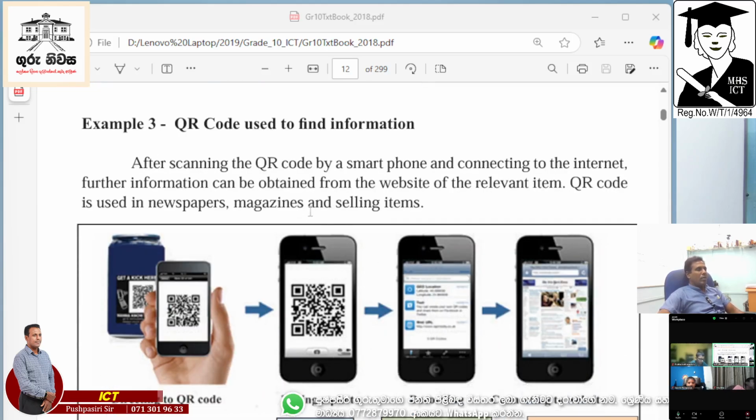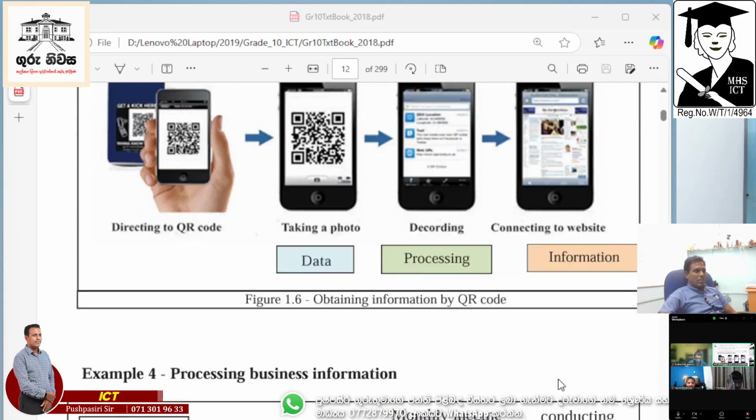A QR code is also used to find information. We take the photo, that is taking the data, and then it is processed by the website, and you get the information as a result. These are examples of information systems.